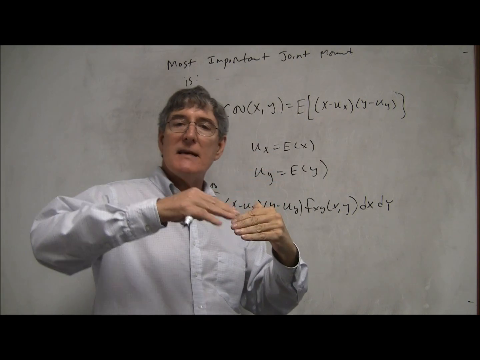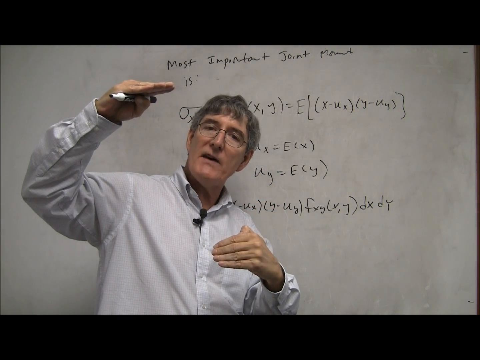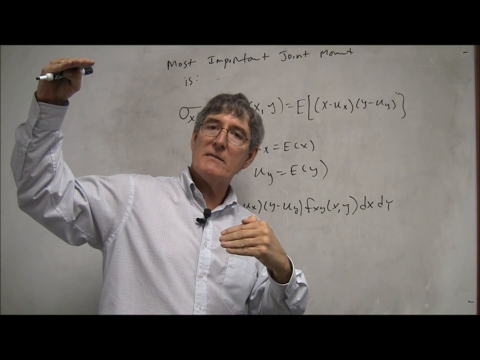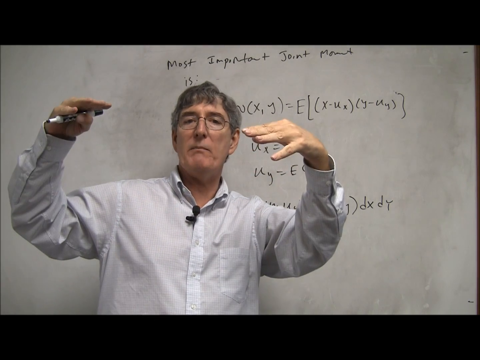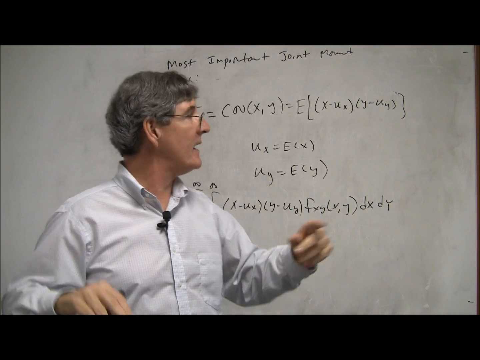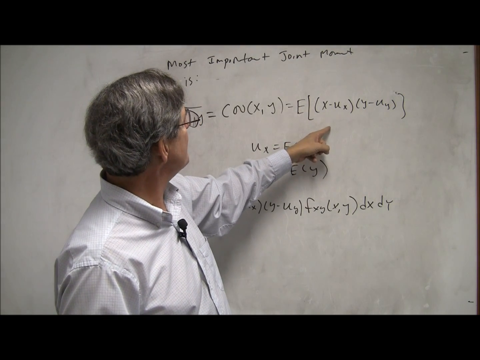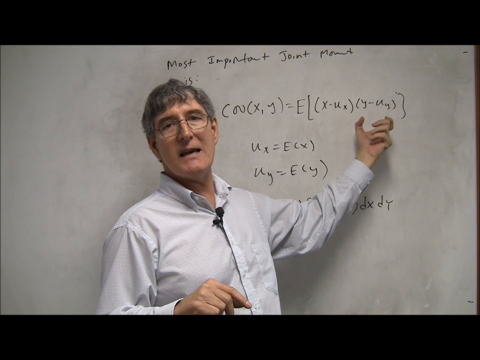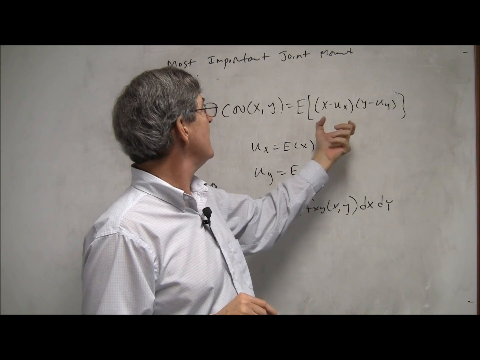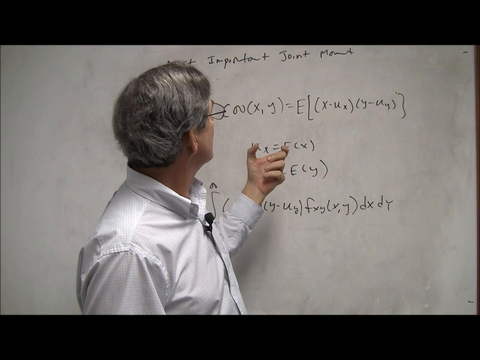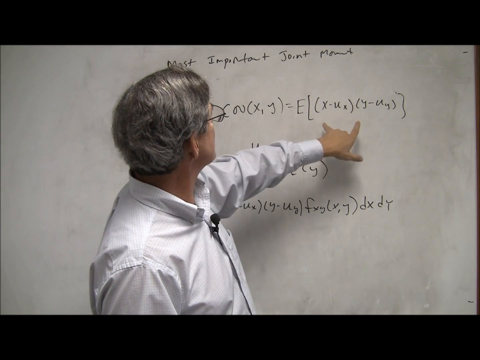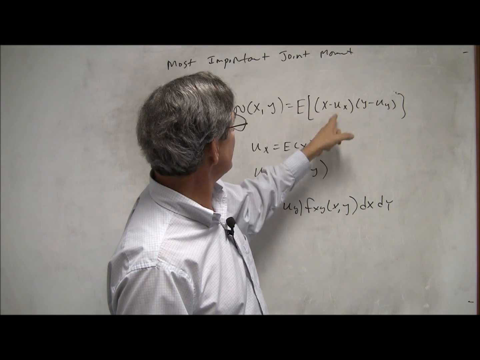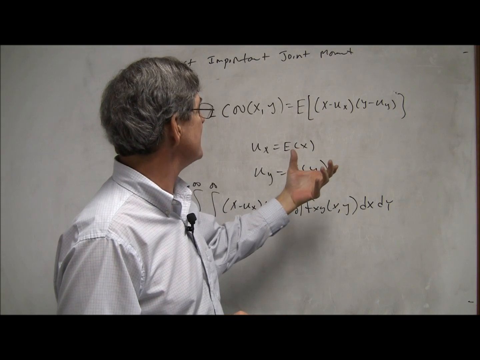Whenever x tends to rise above its average value, y tends to rise above its average value. They covary positively. They move in the same direction. When x is below its mean, that's negative. And if y tends to be below its mean at the same time, then you would expect to see, again, a negative times a negative, which is a positive covariance.